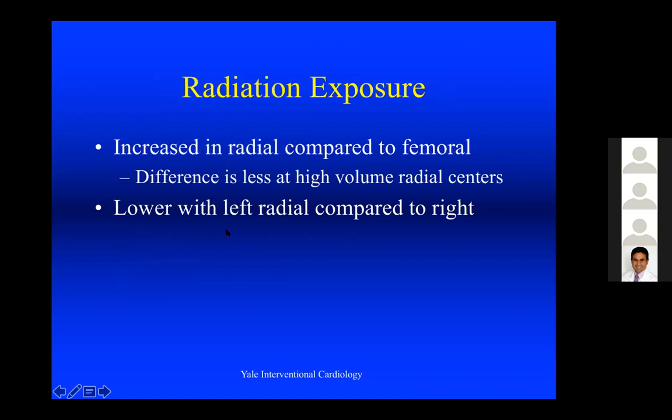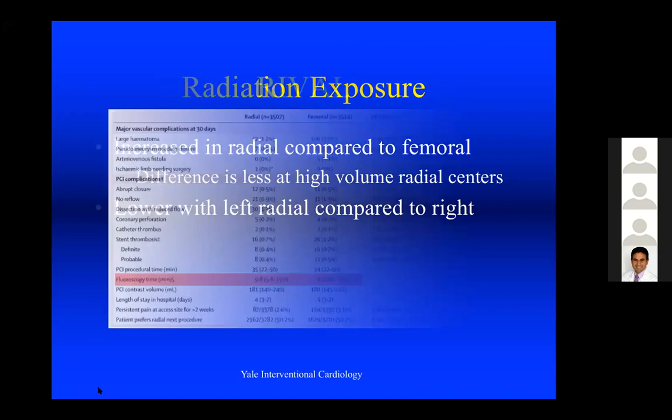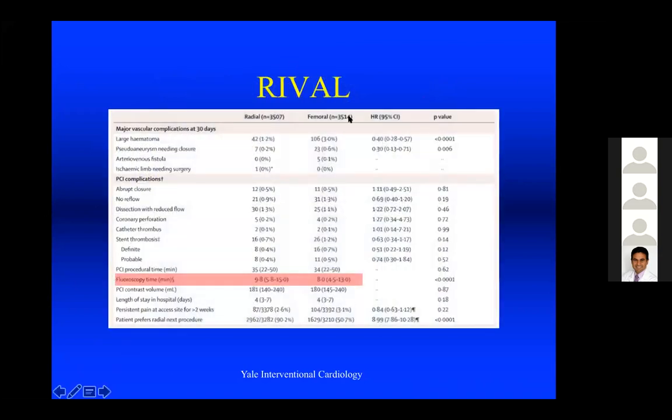Radiation exposure, I think the literature in general states that radiation exposure is higher with radial cases than femoral cases. Most of that data comes from the early studies of radial versus femoral access. For example, this is the RIVAL trial, which was a randomized trial between radial access and femoral access.